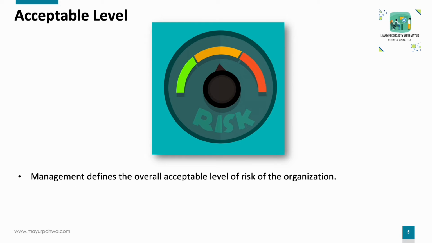Acceptable level. See, even crossing the road is a risk. Going to office is a risk. Working on the laptop for a long time is a risk. So a common question that arises is what should the IRM team do to identify the risks? In this manner, almost every activity carries a risk with it. So each organization is different in size, security posture, threat profile, and security budget.